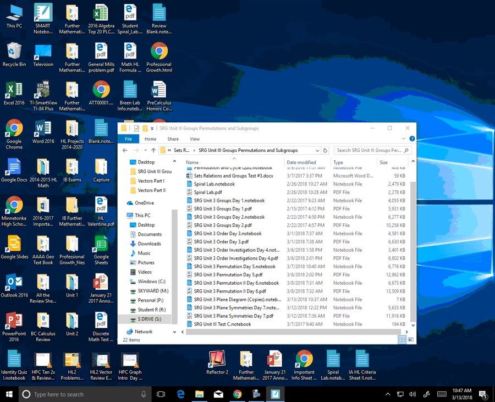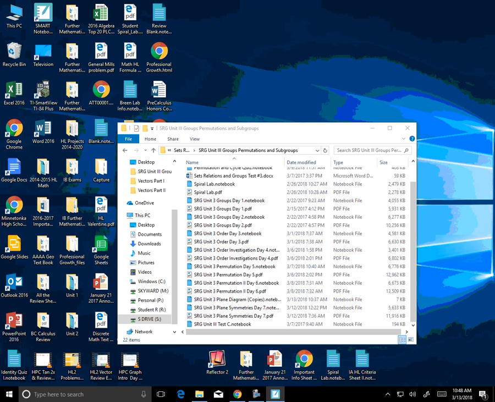Okay. Write down each symmetry of the square as a permutation. So let's do this flip about 1, 3. What will that one look like? Yes, 2 goes to 4. And is that it? Because doesn't 1 go to 1 and 3 go to 3? What's another one?